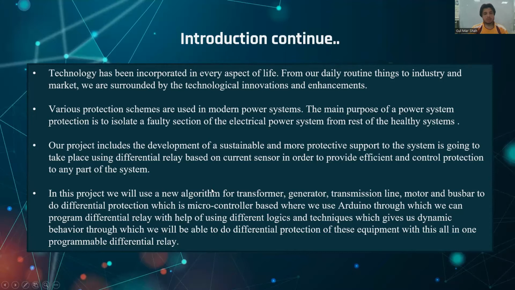In this project, we have designed a unique algorithm-based differential protection, which is based on a microcontroller, where we use Arduino, which we program for protection of transformer, generator, transmission line, motor, and bus bar. We designed this differential relay with the help of Arduino as a microcontroller in order to have secure protection.